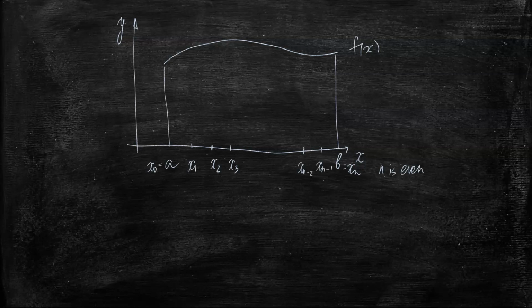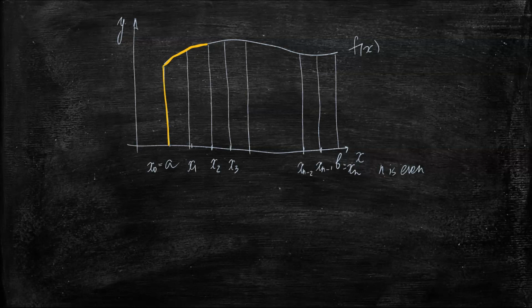And when you have an even number of n's, you can split your intervals into triplets, and then you can combine these triplets, and for each of these 3 points, you can approximate that piece of the function with a parabola. So we basically have one parabola over here.